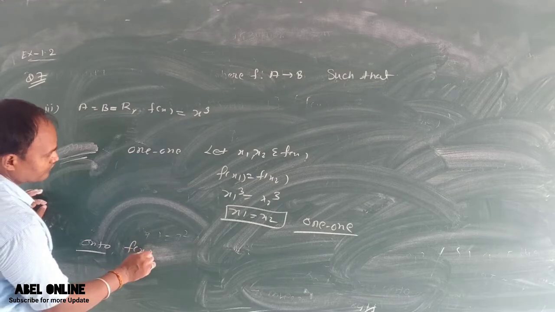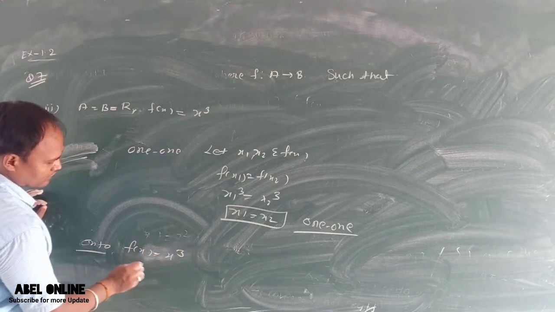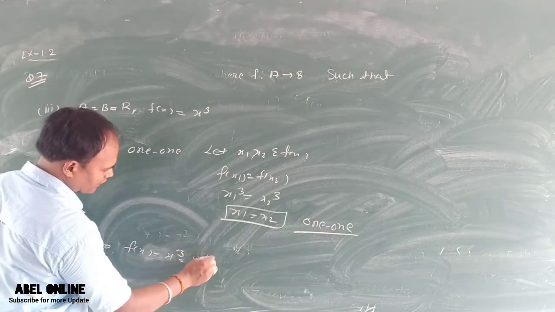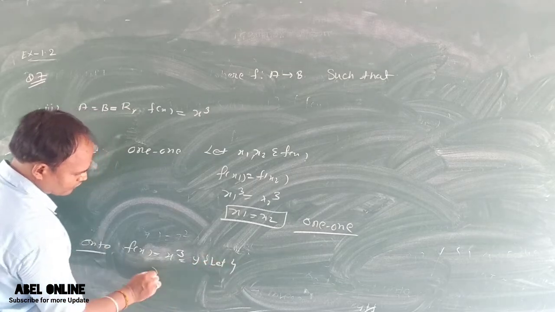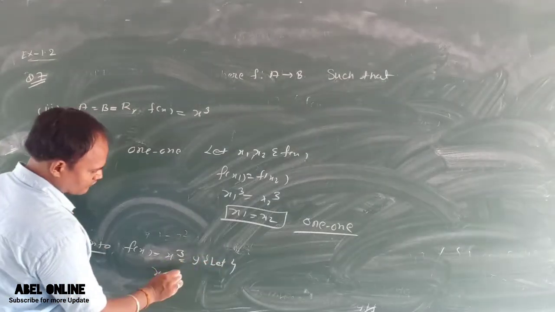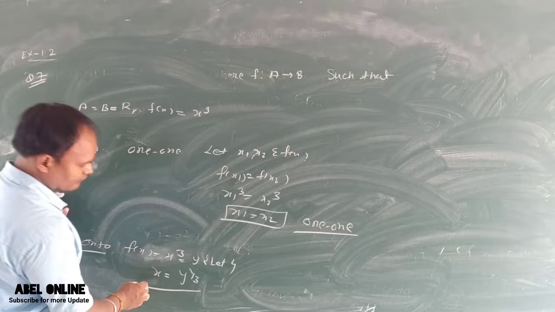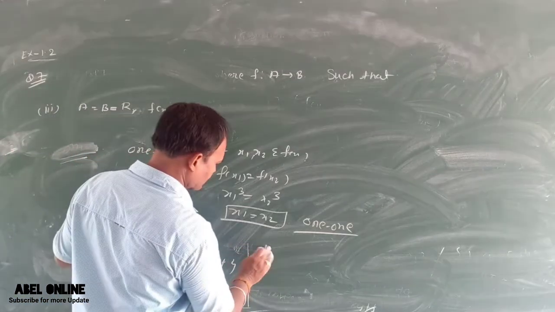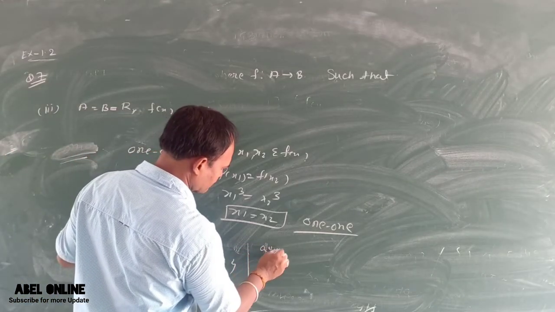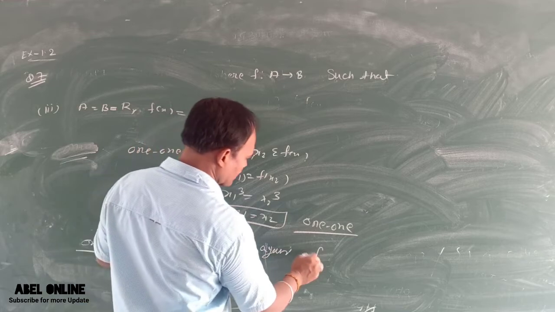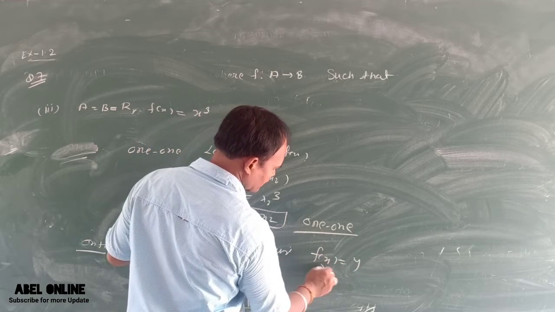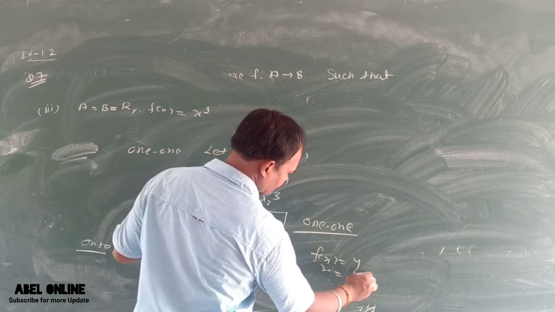Let f(x) equals x cube equals y. So x equals y to the power 1 by 3.